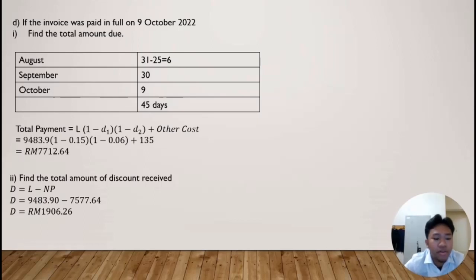Now let's do the second part. Find the total amount of discount received, using this formula: D equals L minus NP.